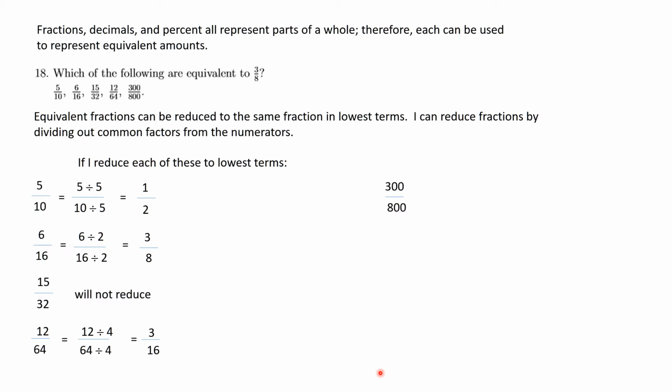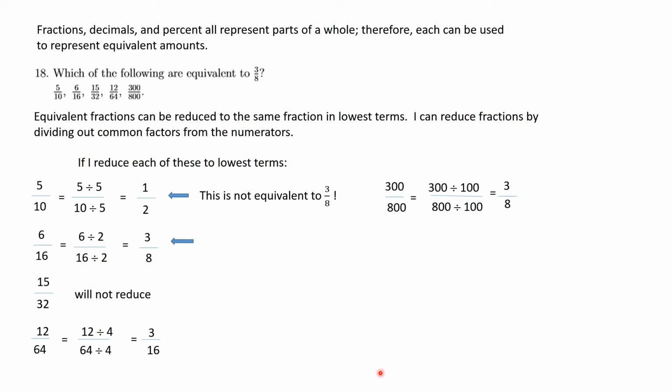And then finally, 300/800, both the numerator and the denominator can be divided by 100, which reduces to 3/8.